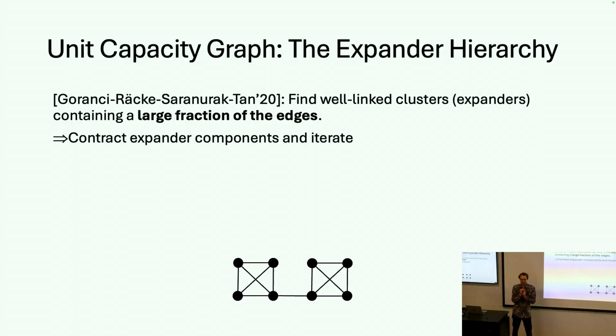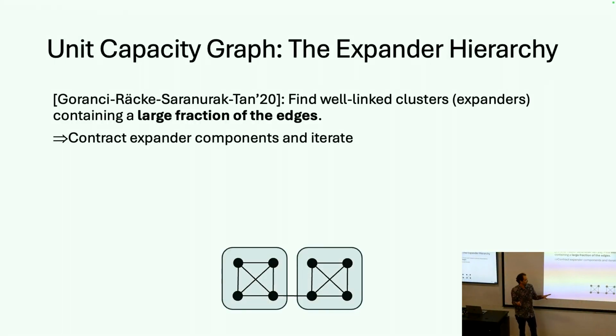Okay, so for unit weight graphs, there's this nice tool called expander decomposition, which finds a lot of such clusters in the graph and guarantees that the number of edges outside the expander clusters is small. So let's see what this would look like for this graph. It just finds this cluster, and there's only one crossing edge.